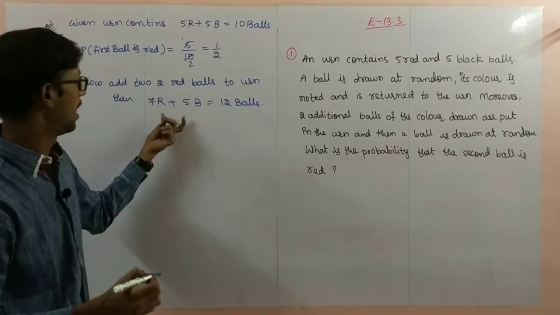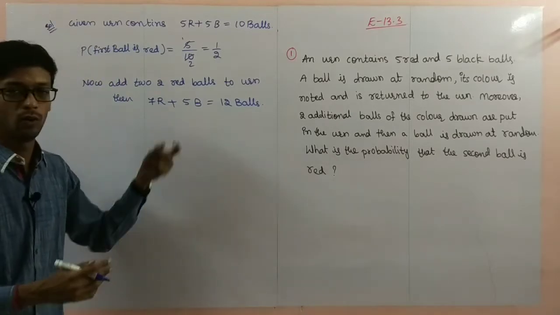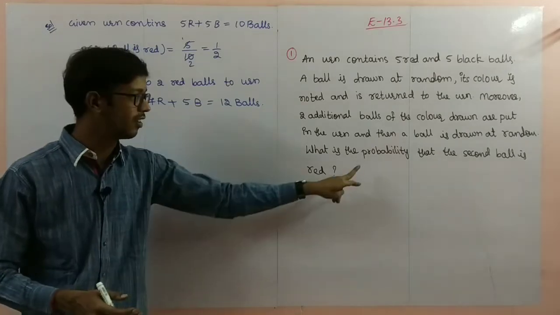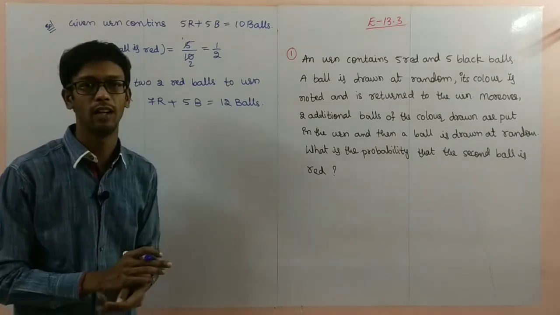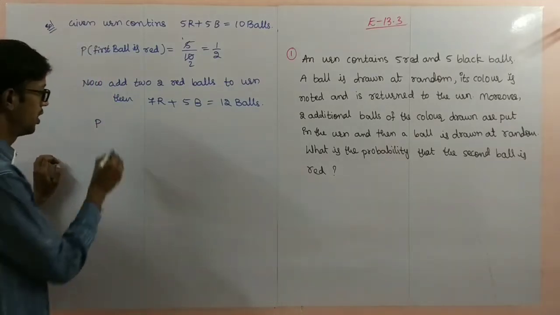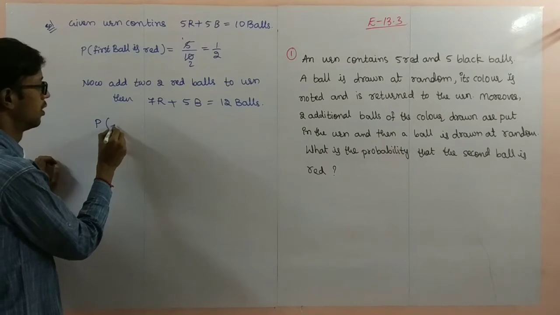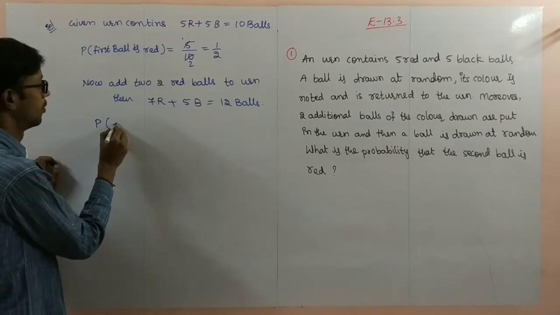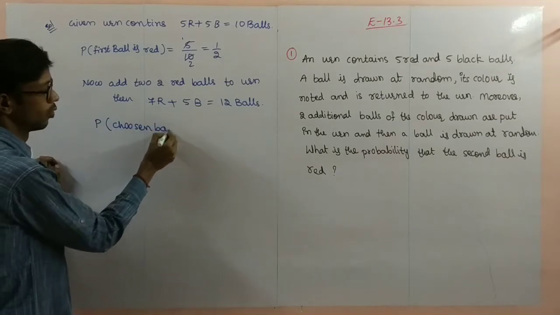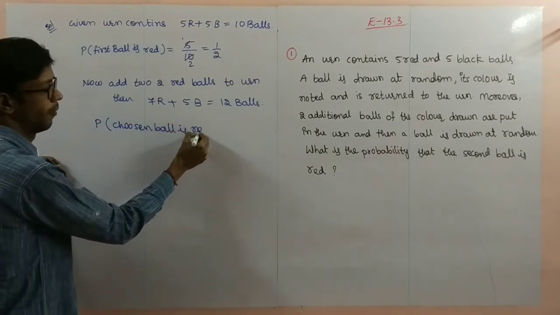So now the new urn, what happened? New urn, new event purpose, 7 red balls, 5 black balls. So what is the probability that the second ball is red? Now you have to write here probability of chosen ball is red.